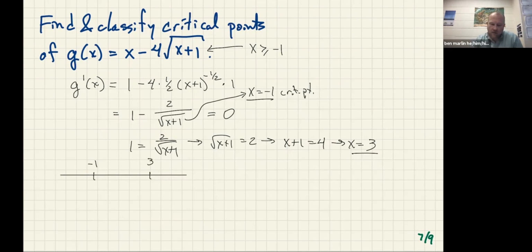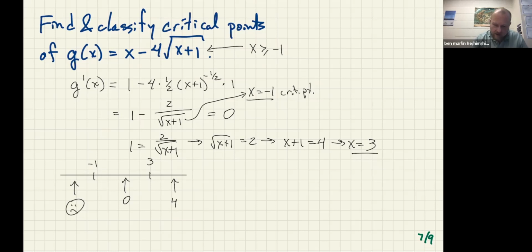And we know that we cannot plug in any values that are less than -1. So we can't actually pick out any values that are over here. But we can pick out 0 in here, and we can pick out, say, 4 in there. I'm just picking out numbers that are relatively easy to plug in.